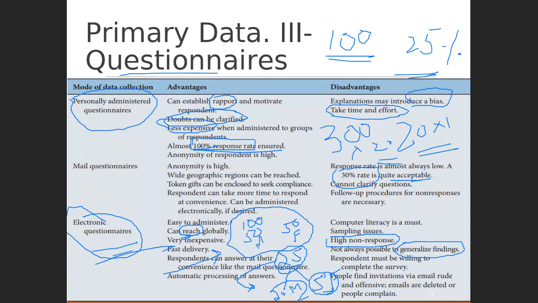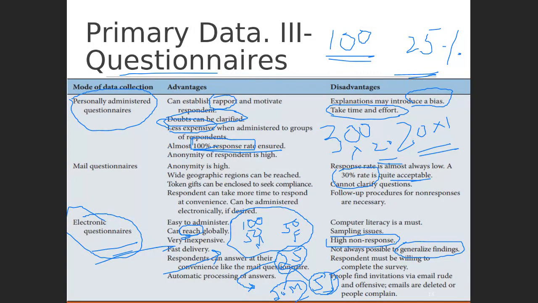Another important thing about online questionnaires is that respondents perceive uninvited or unsolicited requests to fill in data as an invasion of privacy, and they often consider them as spam. Therefore, you need to approach respondents electronically in a professional way.